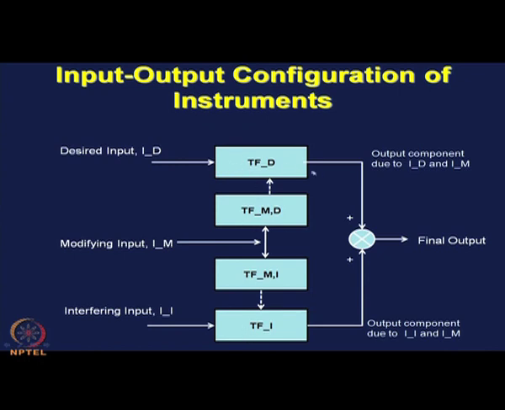So, finally, we have a component for the output that is due to desired input and modifying input. We also have a component due to interfering input and modifying input. When these two signals are added together, we have the final output.